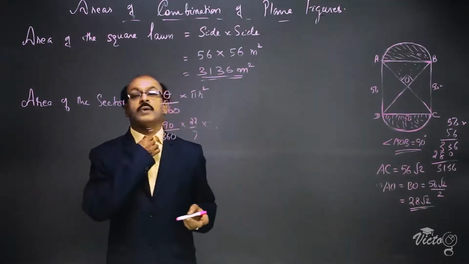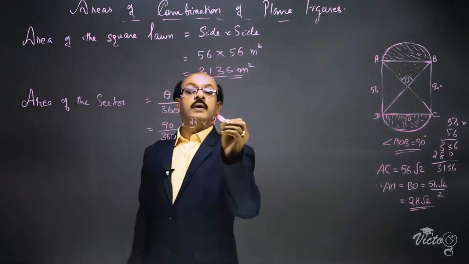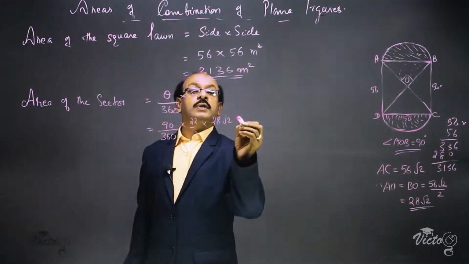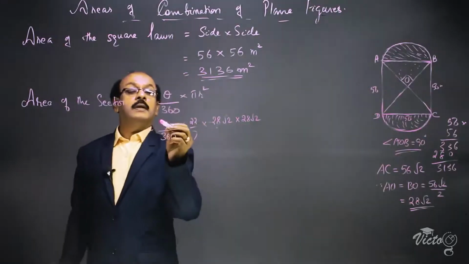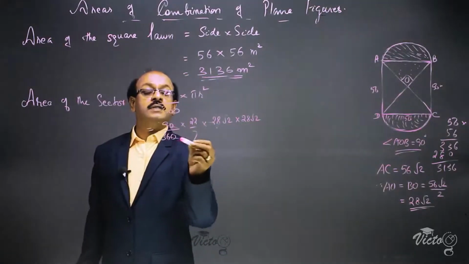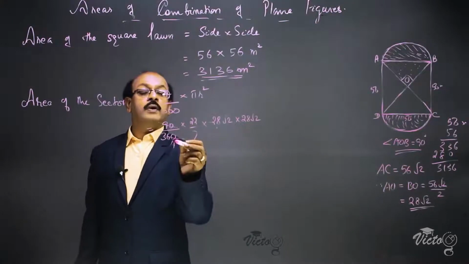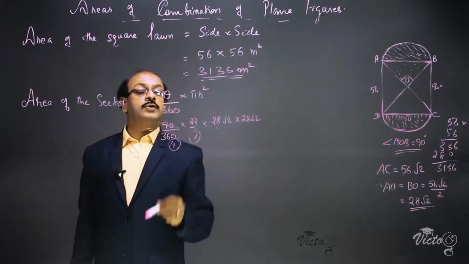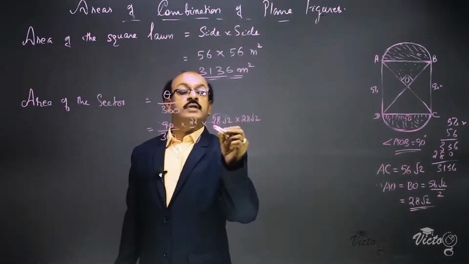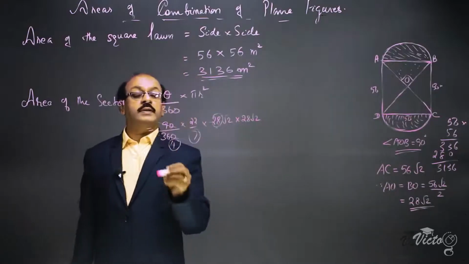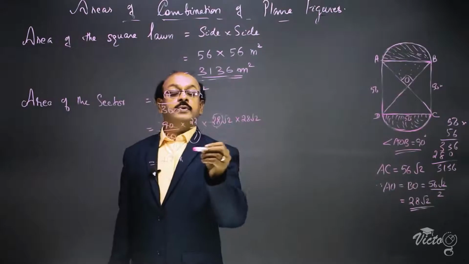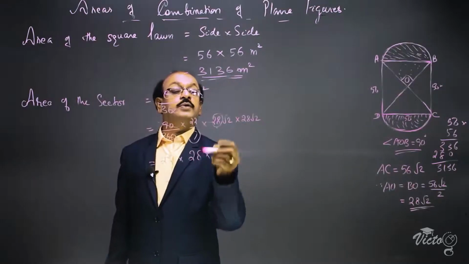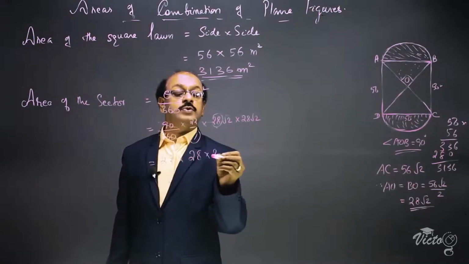Giving that value here, we are getting 28 root 2 into 28 root 2. Now, 90 and 360 are cancelling, it is 4. 4 into 7 is equal to 28, cancelling with this 28. Now, the remaining quantities are 28 into 22 into root 2 into root 2, which is 2.